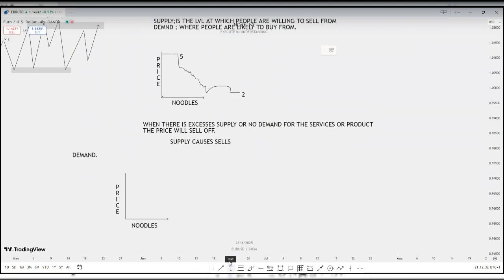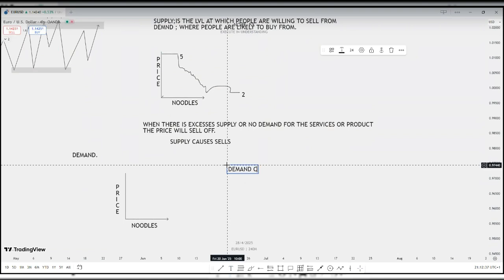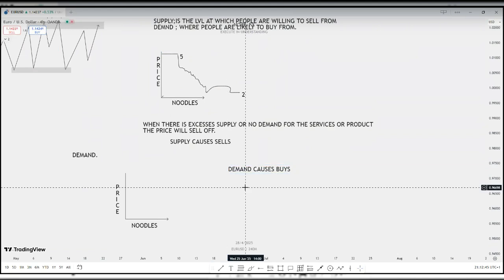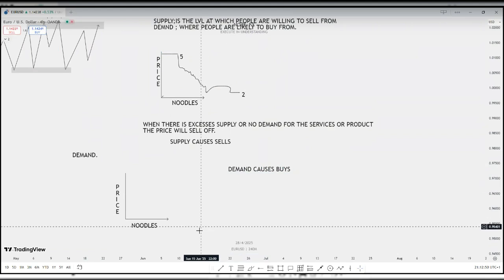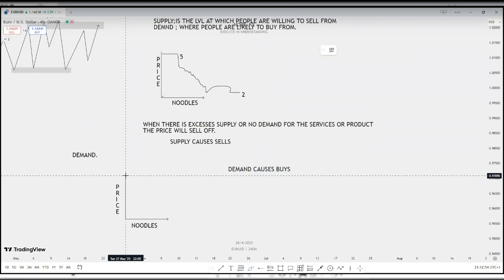Demand causes bias. Okay, demand causes bias.